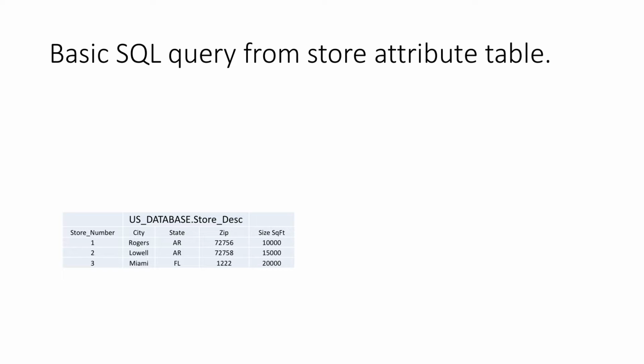And so now let's evaluate a basic SQL query from a store attribute table. So say, for instance, we had a database named US database right here, and there's a table. So we're going to act like this is an actual table that we're going to query. And so we get a business question.